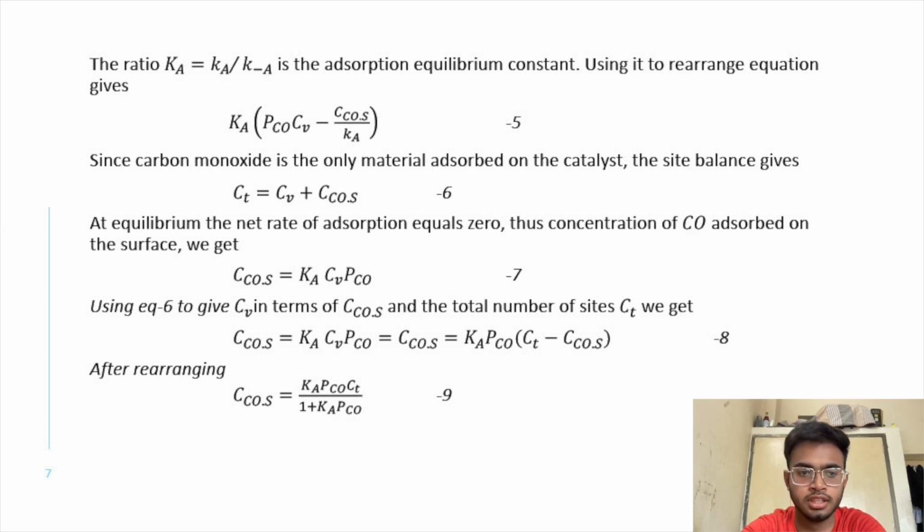And at the equilibrium, the net rate of adsorption equals 0. Therefore, when we equate the equation 5 to 0, we obtain the concentration of carbon monoxide on the surface, which is equal to the equilibrium constant into concentration of the vacant site into the partial pressure of carbon monoxide.